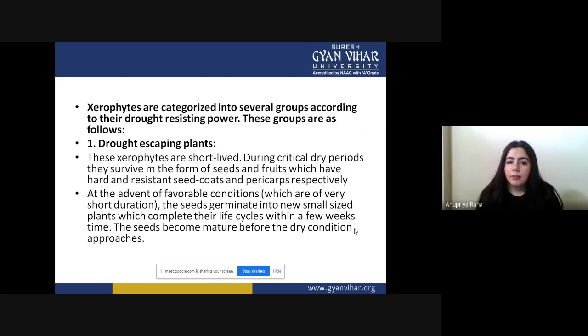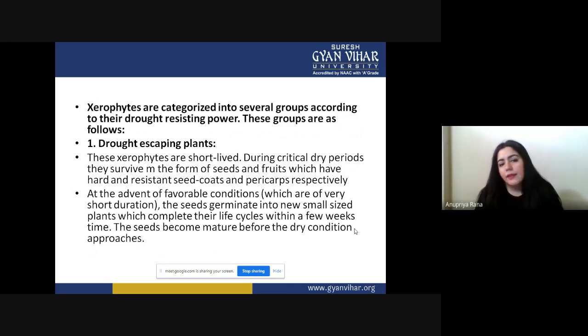During critical dry periods, they survive in the form of seed and fruit, which have a hard and resistant seed coat and pericarp. Basically, when the conditions are very dry, like the months of April to July, the conditions are very harsh and they cannot be present in plant form.